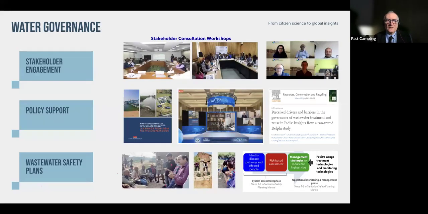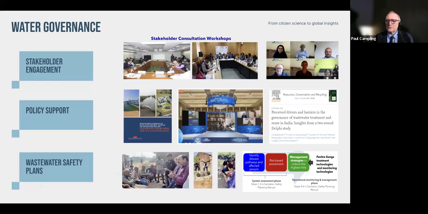And of course, the third interesting component is the water governance, where we're really looking at engaging with the stakeholders to understand the socioeconomic aspects from these discussions, and some of the modeling tools. We're looking at how to improve policy support and help look at the planning aspects. And one of the important problems as well is wastewater safety planning.